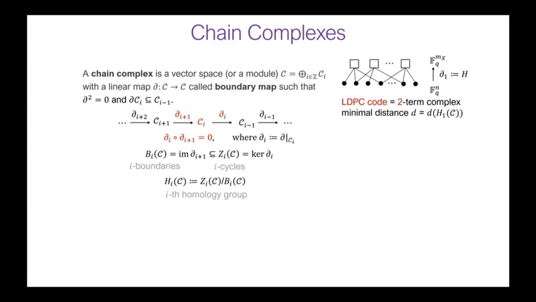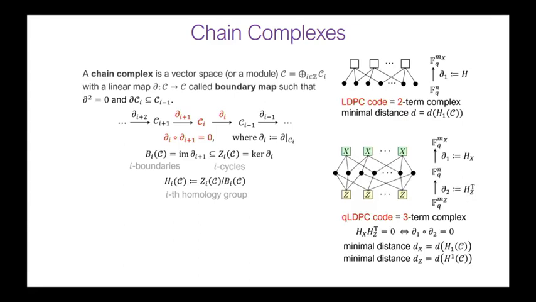We are interested in chain complexes because they can be seen as a generalization of both classical and quantum LDPC codes. In particular, a chain complex that consists of two terms corresponds to a classical LDPC code, and a chain complex that consists of three terms naturally corresponds to a quantum LDPC code.